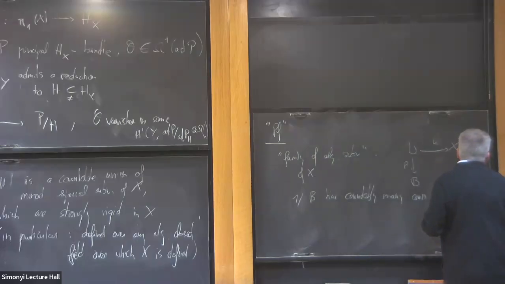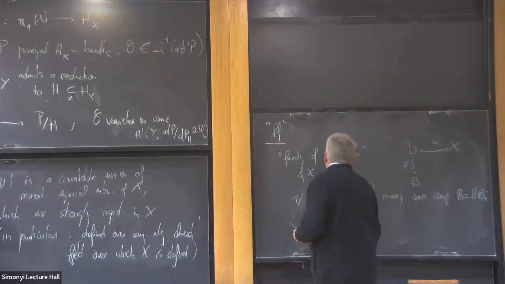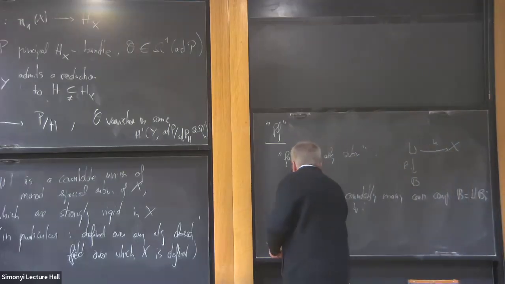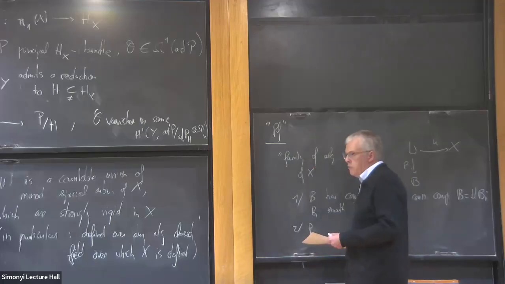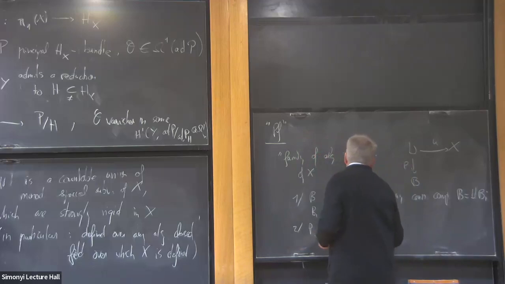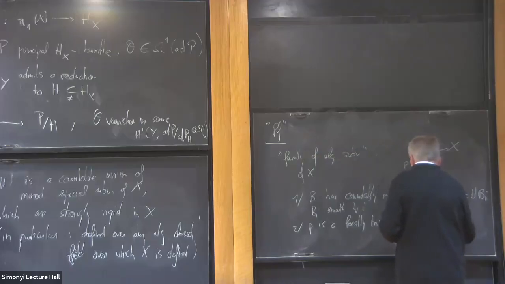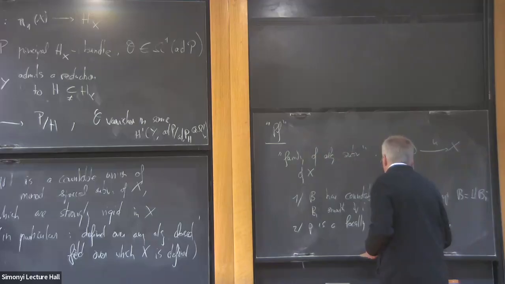B is the disjoint union of the B_i, and I can even assume that the B_i are smooth. Okay. Second, what I'm asking is that P, from a topological point of view, is a locally trivial topological fibration, and the fibers are irreducible and normal.